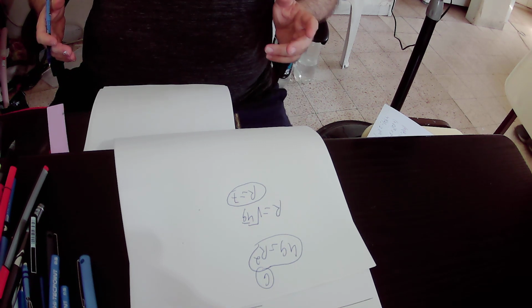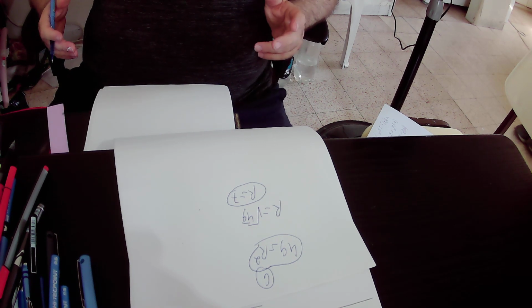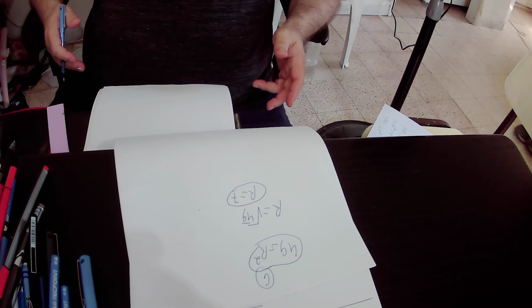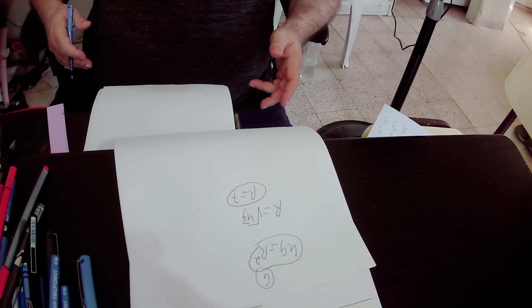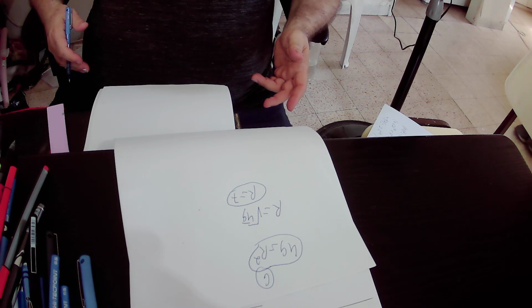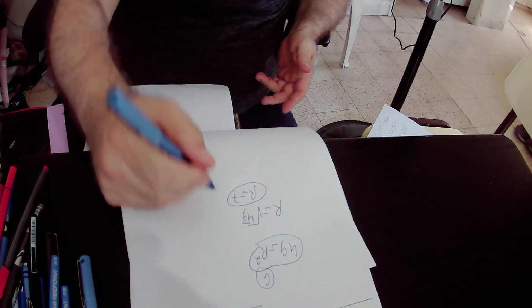So we can take into account only the positive number. So R, capital R, equals 7 units.